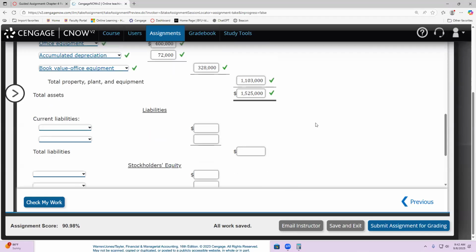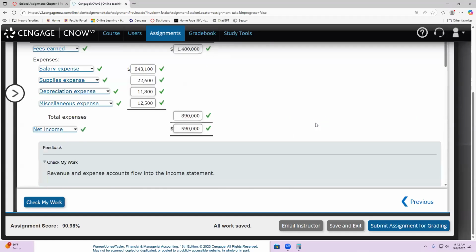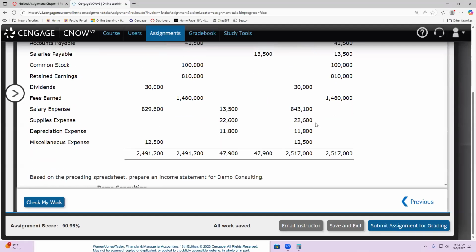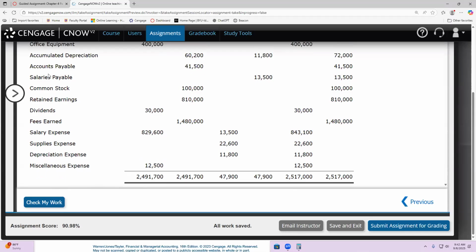All right, our current liabilities. Again, current liabilities are liabilities that we expect to have to pay off within the next year. Long-term liabilities would be liabilities that are longer than a year. In this case, though, we only have current, so this company's doing pretty good, right? They have all these assets and they only have a couple of small current liabilities. They don't have any big long-term loans that they owe on. Accounts payable of 41,500 and salaries payable of 13,500.